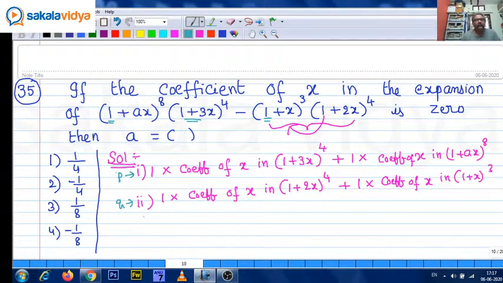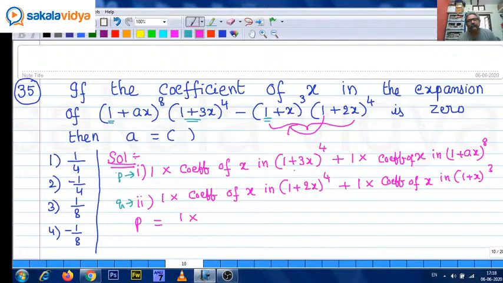So let us write it now. Let us find p value first. P equals 1 multiplied by coefficient of x in this one. Coefficient of x means, we have one formula here. Coefficient of x is nC1.